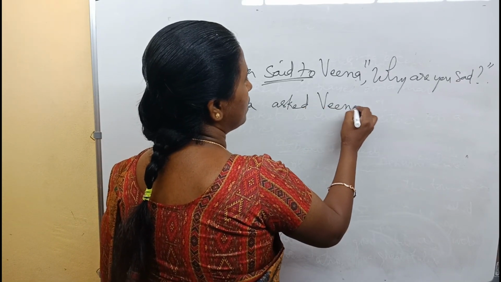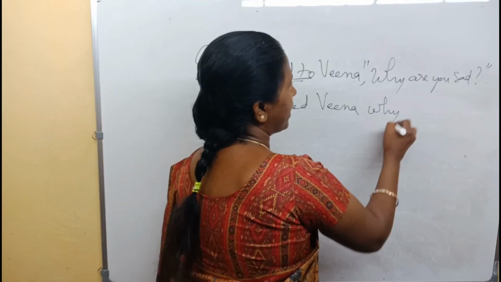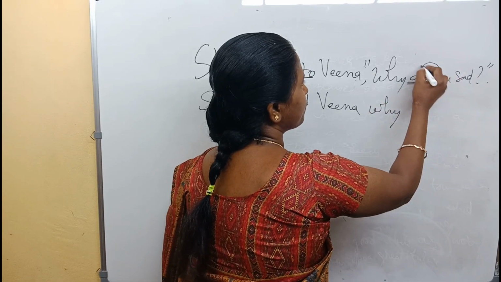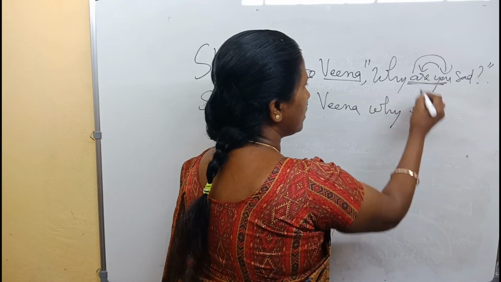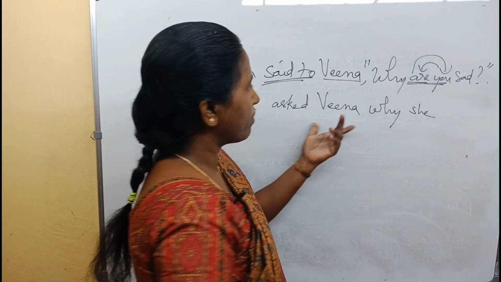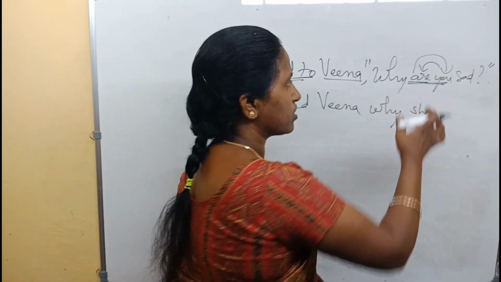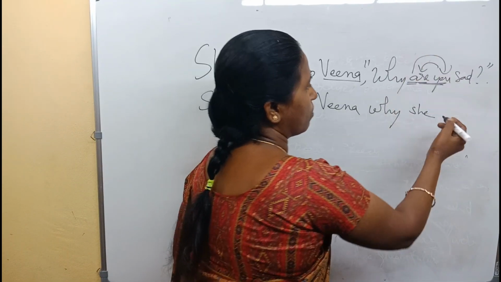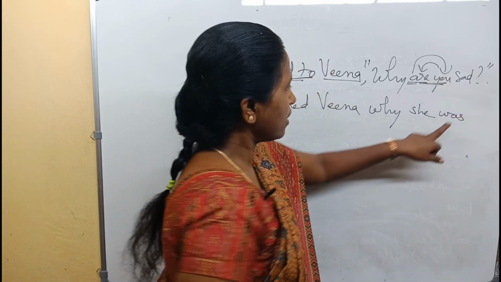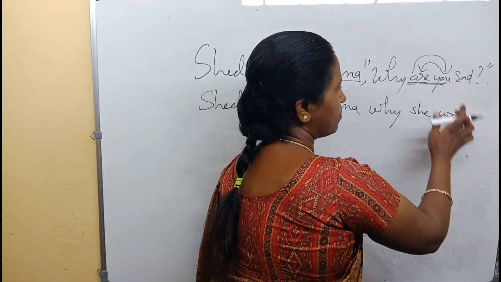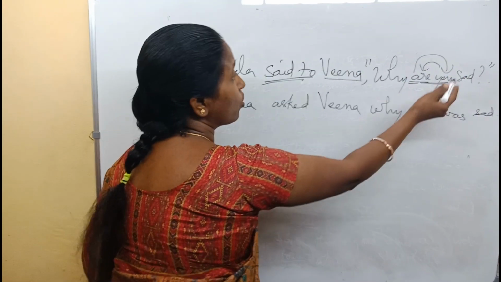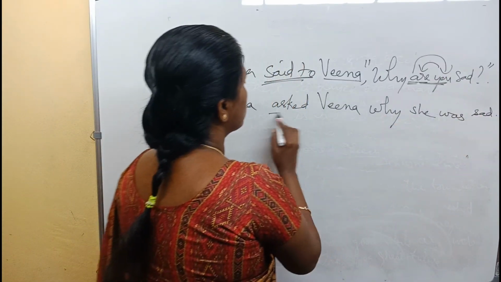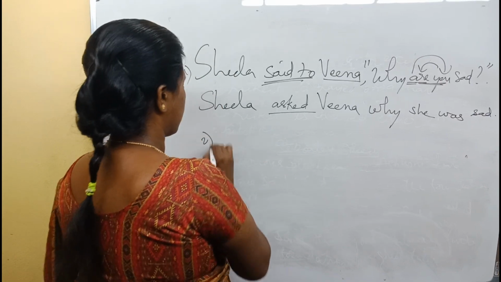Sheila asked Veena, why, who is this you? Yes, it is Veena. That you is she, and you have to remember when the question changes to statement, first subject then verb, and every time there is a shift of tense. This is in present tense, it goes to past tense. Okay, and no question mark because the question we are indicating with asked.